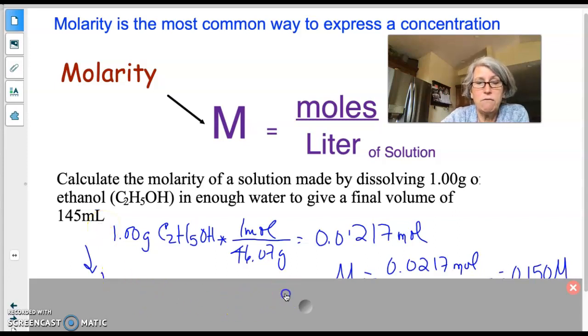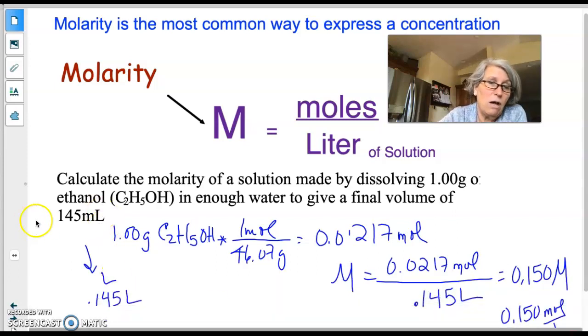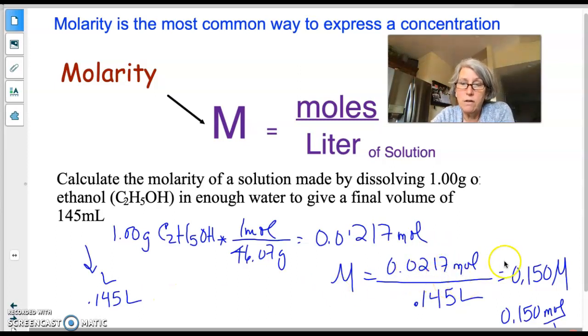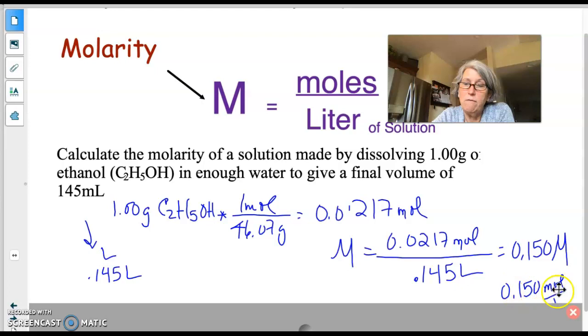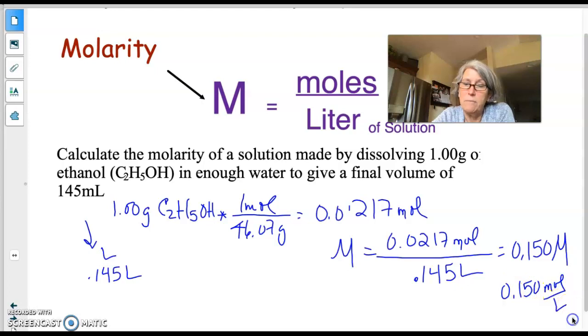So you have to convert that 145 milliliters into liters. So that's 0.145 liters. When I do this work, you'll notice that I come up with 0.150 capital M, or 0.150 moles per liter. I would accept either unit for molarity for that.